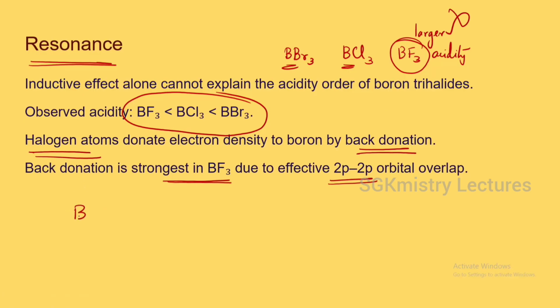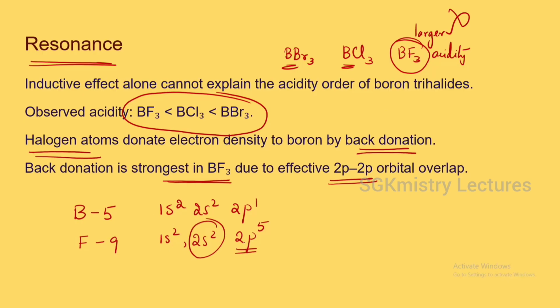Let us say boron has atomic number 5. So we know that it is 1s2, 2s2, 2p1, right? Similarly, for fluorine, atomic number is 9. So 1s2, 2s2, so 4 are done, then 2p5, right? Now in case of fluorine, we have the filled orbitals, especially here 2s2, and in 2p there are already 5 electrons. 6 electrons can be filled in the 2p orbital, but there are 5 electrons.